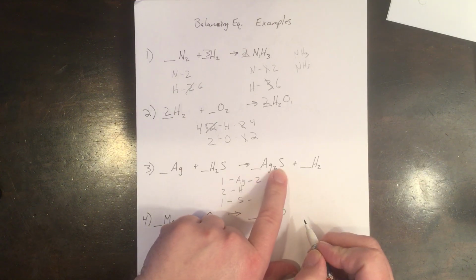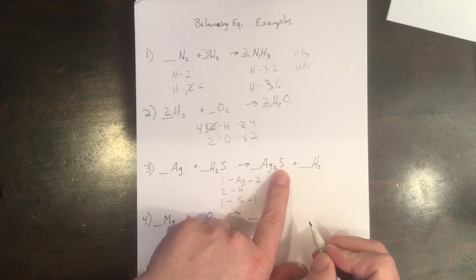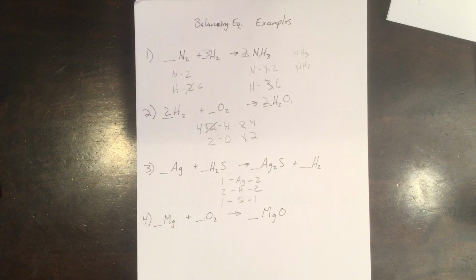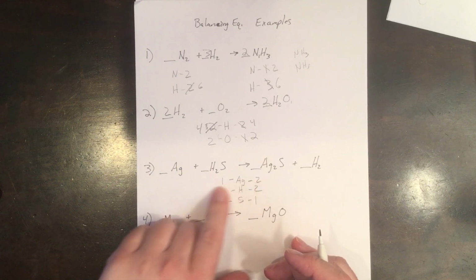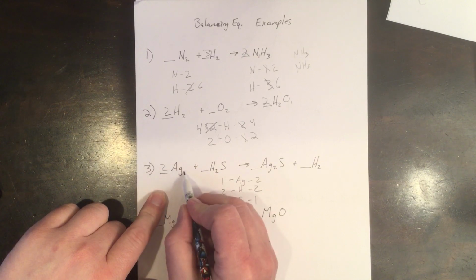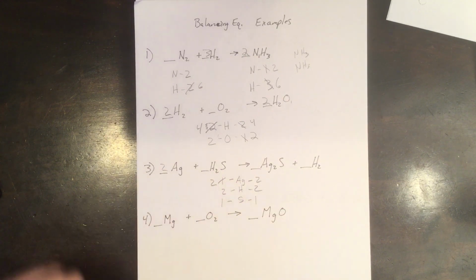Now be careful, we have 1 sulfur and we have 2 hydrogens. So you'll see that everything is balanced except the silver. Well, that's very easy, right? We have 2 and we have 1, so this side needs to have 2. 2 times 1, 2, and it's balanced.